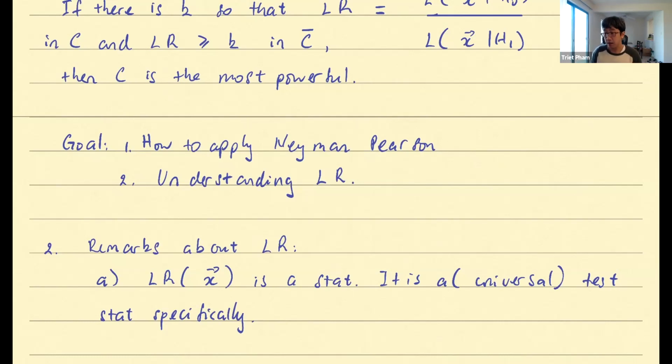A test stat is a stat that is used to accept or reject the null hypothesis. So likelihood ratio here is a stat that exactly can be used, or is universal, I'll explain what universal means here, to reject or accept the null hypothesis.